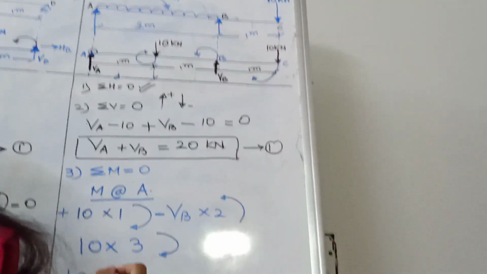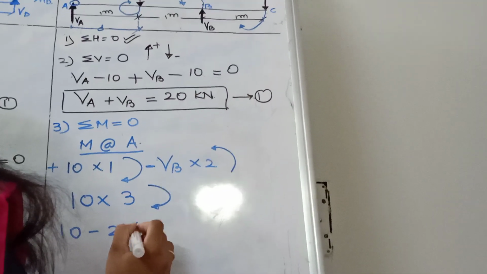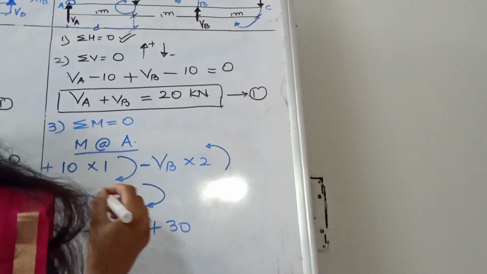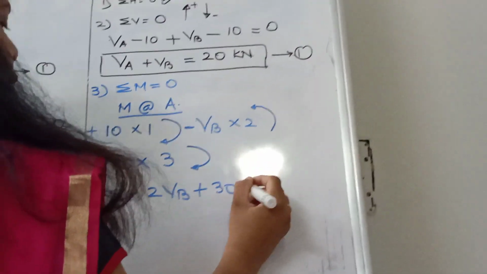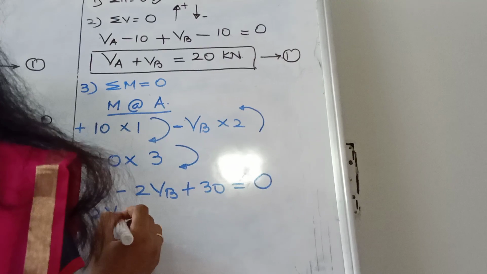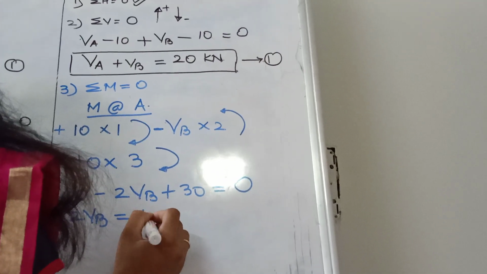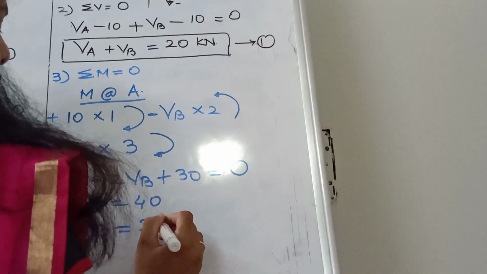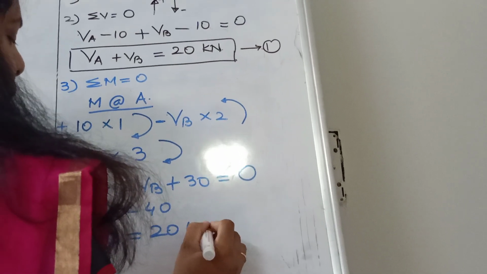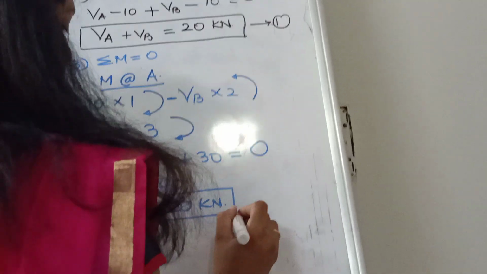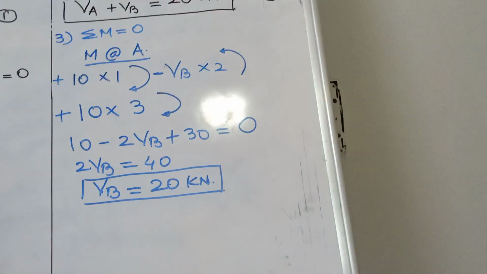So 10 minus 2 VB plus 30 is equal to 0. So 2 VB is equal to 40. So VB is equal to 20 kilonewtons. This is the first answer that we have found for the reaction.